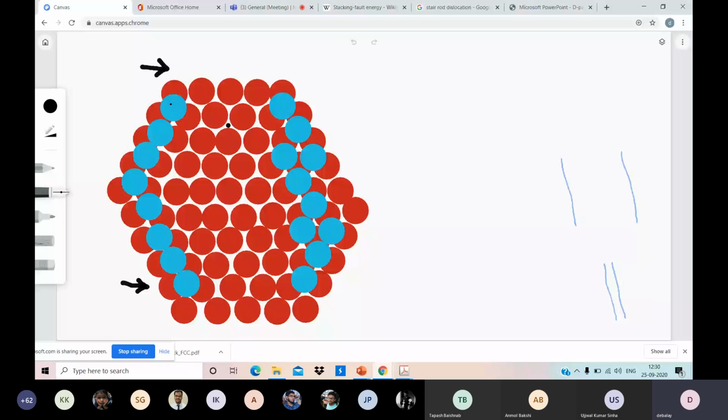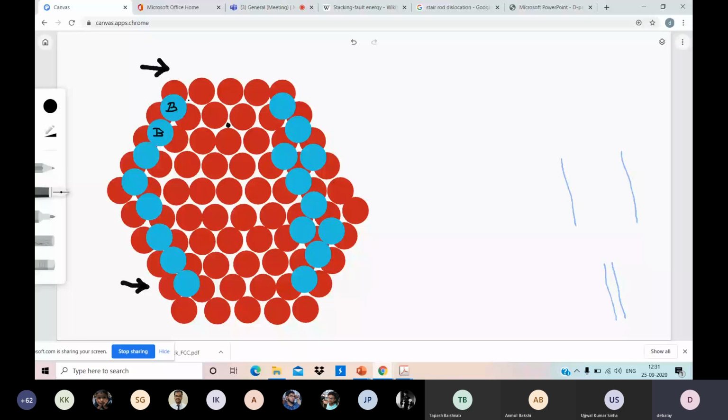On top I am drawing the B layer. These are my B positions, where if you put one atom, you will find out the position. So now you tell me what is this position where I have put a star.